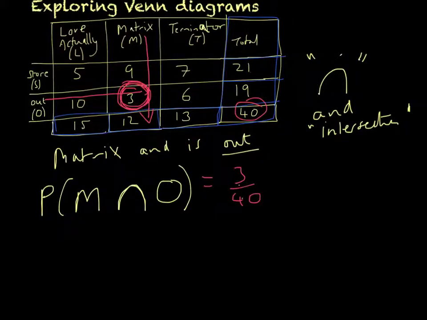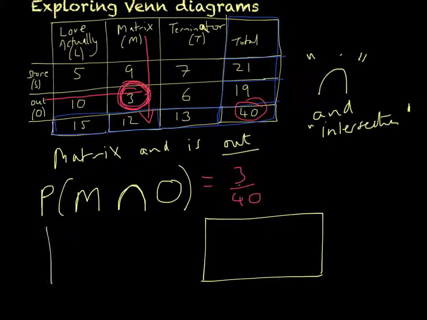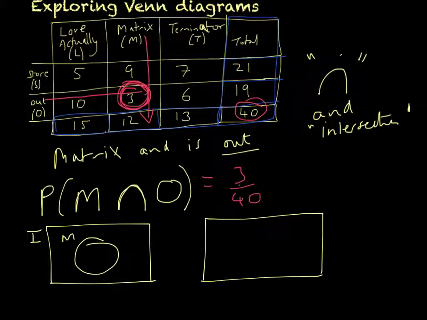But how do I represent this using a Venn diagram? Well, we can look at it like this. Let's say we take a sample space for each thing. So there's the inventory. As we said before, here's the Matrix, and we know that the Matrix covers 12 videos and 28 of them are not the Matrix. If I have a separate one for the videos out, I know that videos out total 19.